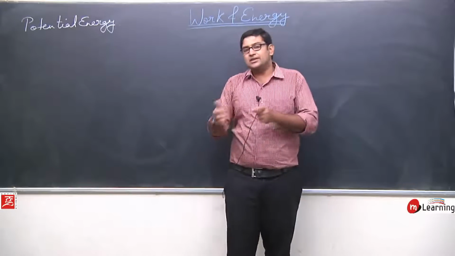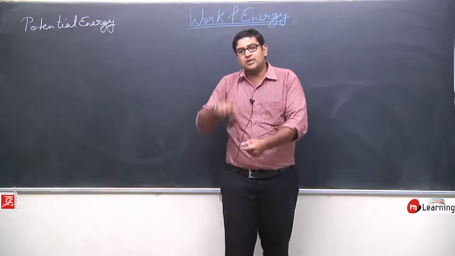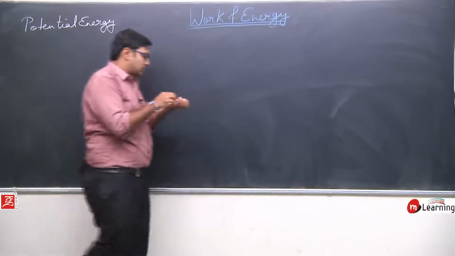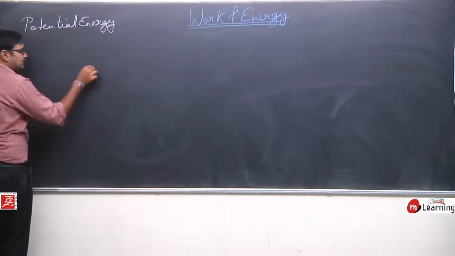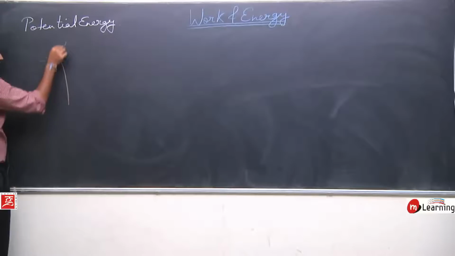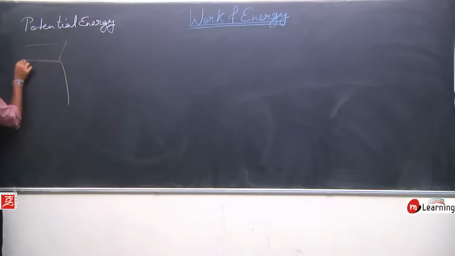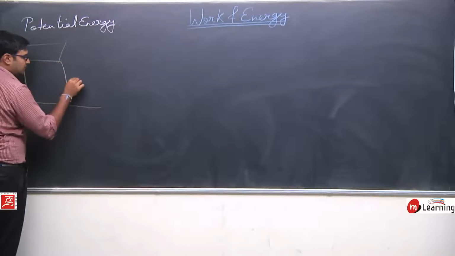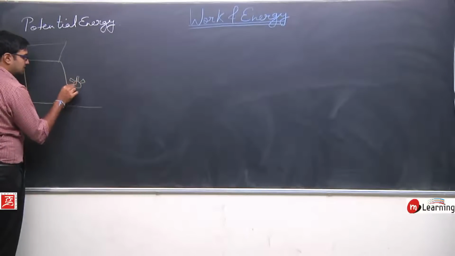So the turbine kept at the bottom will start rotating. The picture would be something like this. For example, this is the height, and this is the water tank. This is the water, this is a tower, and here there would be a turbine kept like this.